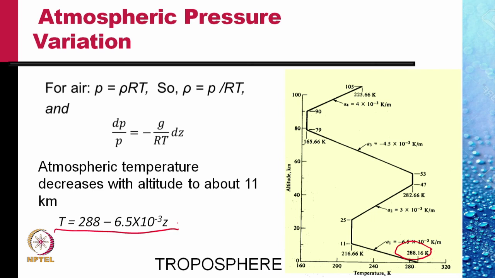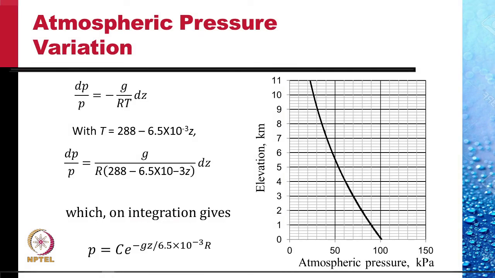The pressure variation within the atmosphere for the first 11 kilometers is seen like this. About 101 kilopascal at the mean sea level and about 22 kilopascal at the height of 11 kilometers. It decreases by a factor of 5.